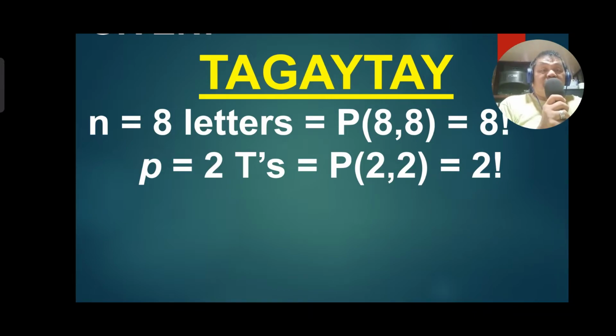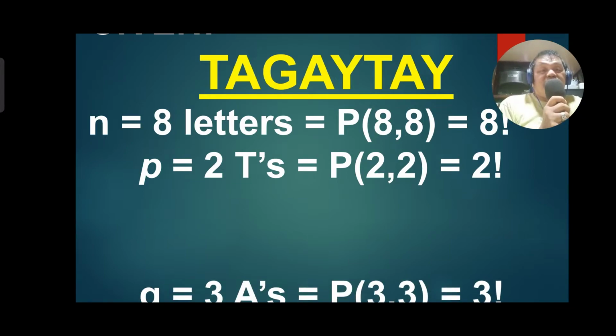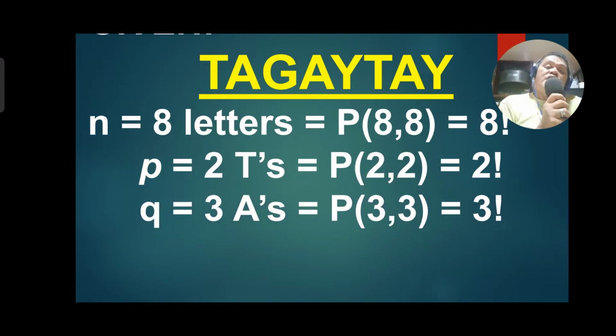What will be the next letter that is alike? We have letter A, and that would be our q. How many letter A's? We have 1, 2, 3. So there are 3 A's, which is the permutation of 3 A's taken 3 at a time, equal to 3 factorial.